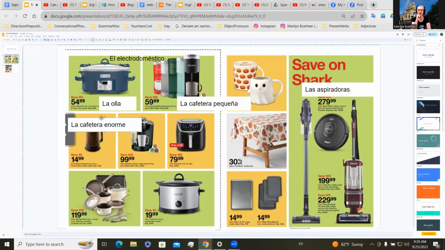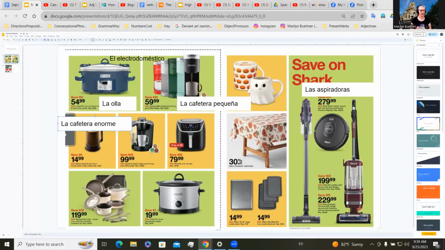Coffee maker, coffee pot. Sí, eso es la cafetera, cafetera. And you can kind of guess at that. It's got cafe built into it. That ERA or ERO at the end tells you something that does that job. So its job is it makes coffee.